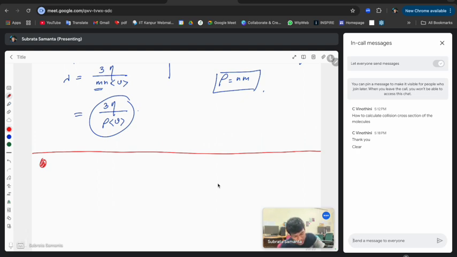So thermal conductivity. What is the thermal conductivity?